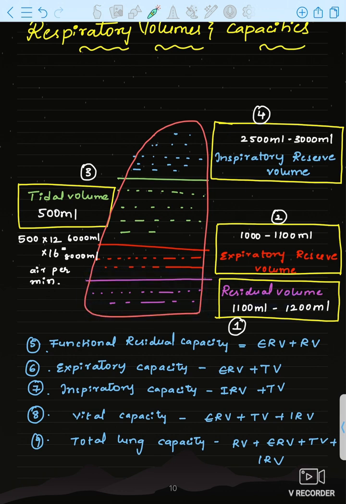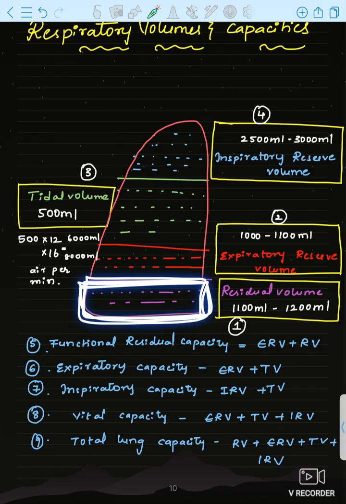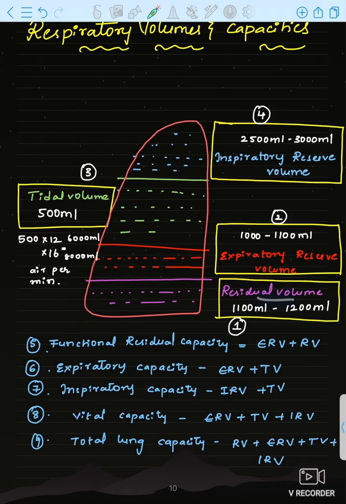Residual volume will be there in the lung, no matter inspiration or expiration occurs. That volume is 1100 ml to 1200 ml, okay? So this is the normal volume which will always be there with gases. Lung will not be empty, otherwise it will collapse. That's why residual volume will be there.